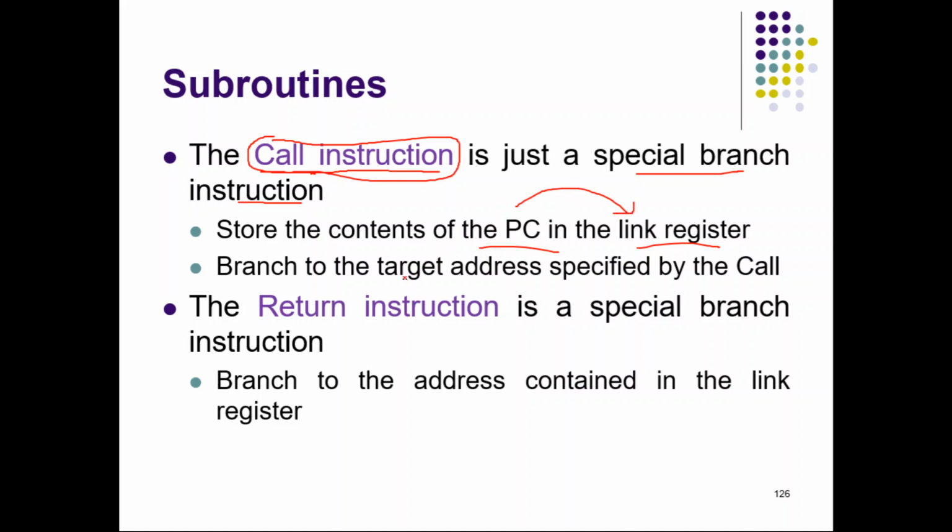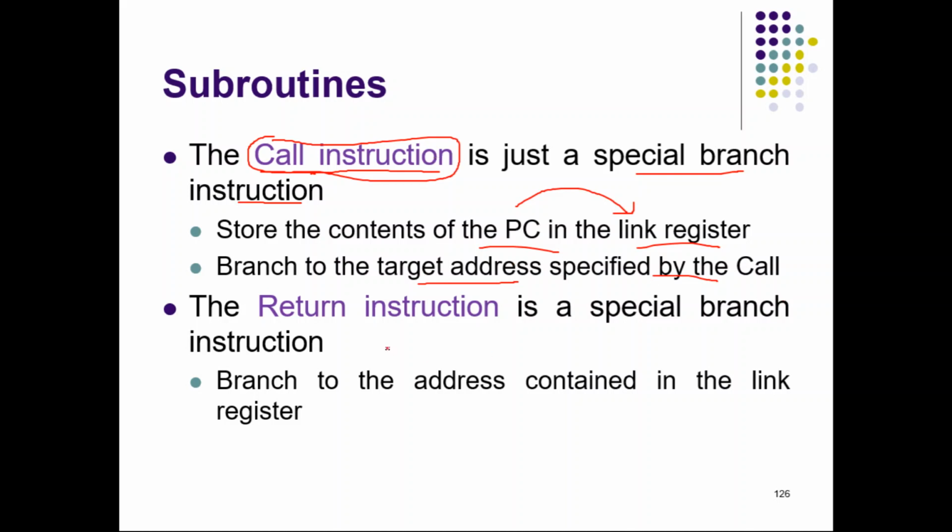And also the control will branch to the target address of the specified call. The control will be moved to whatever address is specified in the call instruction. So these two things happen during a call instruction. First, the content of the PC, meaning the address that follows the call instruction, will be moved to the link register, and then the control will be moved to the target address specified in the call instruction.